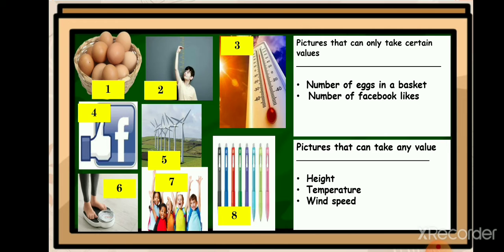Where do you classify it? The picture can take any value. For number 7 and number 8, those pictures can take certain values.